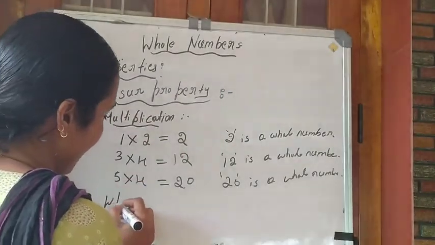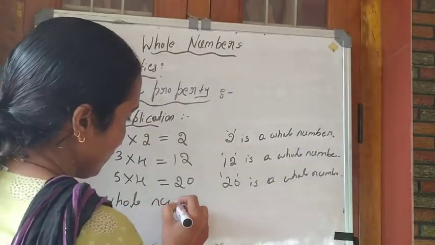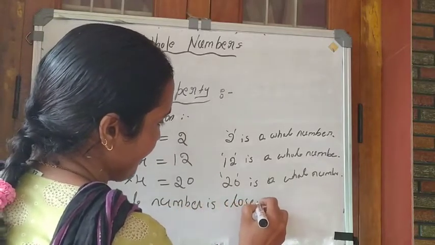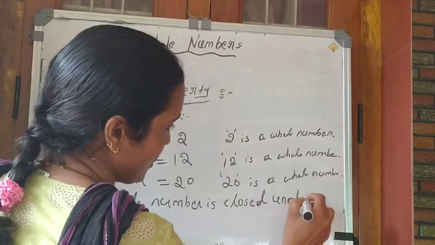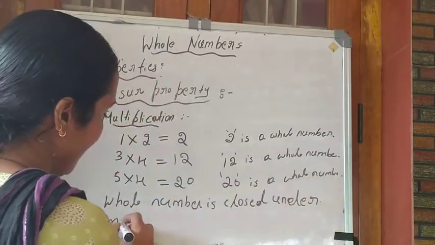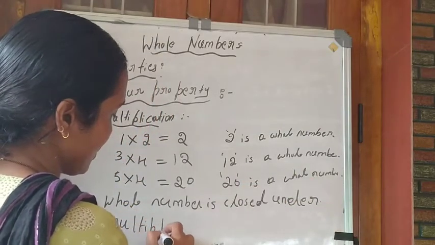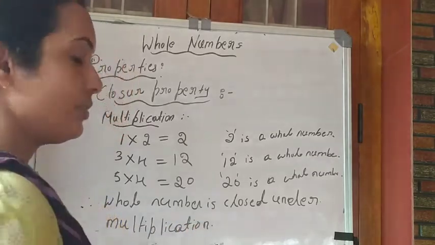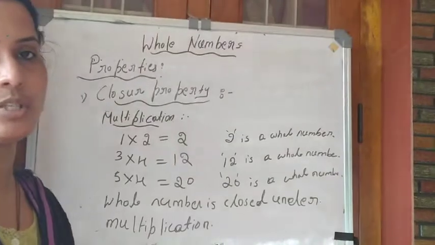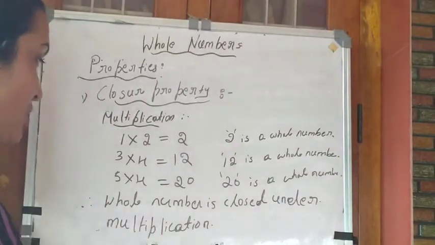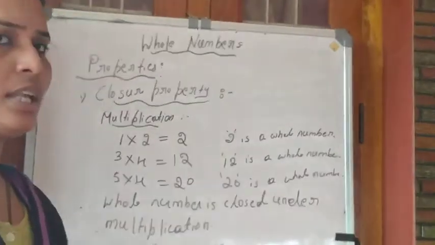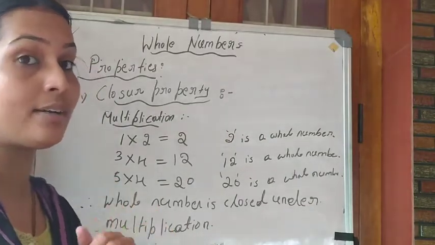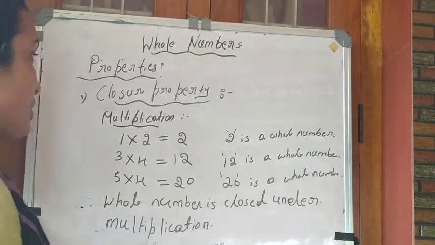Therefore, whole number is closed under multiplication. Okay. Now we can discuss, is it closed under division or not?